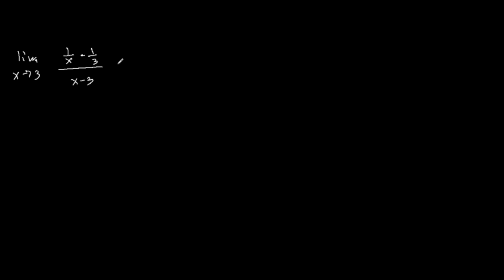Okay, so that we can eliminate the denominators in the numerator, we need to multiply by the LCD, which is x and 3, or 3x. The same, we divide by 3x, and then we simplify. 3x times 1 over x is equivalent to 3, minus, follow the sign, 3x over 3 is equivalent to x.